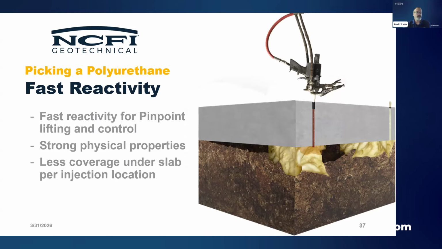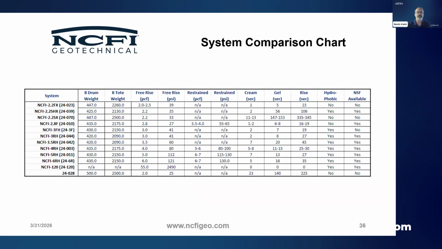So when you're picking a polyurethane, one of the features you can pick for is fast reactivity. Now, as you choose a faster reacting foam, that means the cream times are going to be shorter. If we go back here and look at our very top line, look at the cream time in that top line.